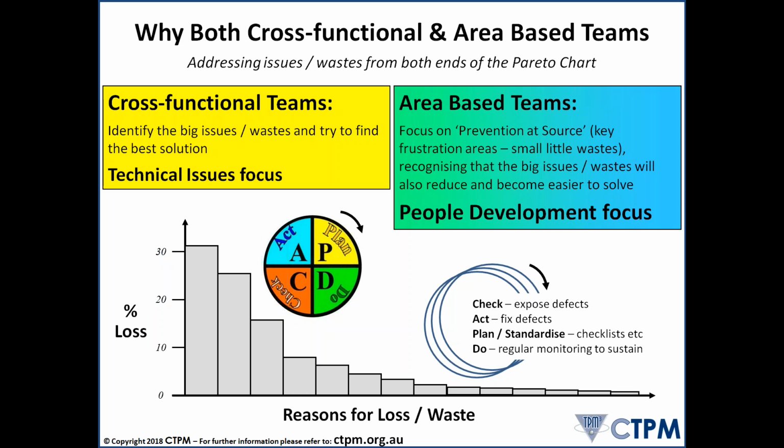As I mentioned before, these are the ones that are taking on the bigger problems. They're taking on the wider, sometimes company-wide, or it may actually just be in one area, but it's a bigger problem to solve. And with the Pareto chart there, we can see that they are dealing more with the top-end section. So the ones that make up a lot of loss, they're bigger pieces to fix, and there's less of them.